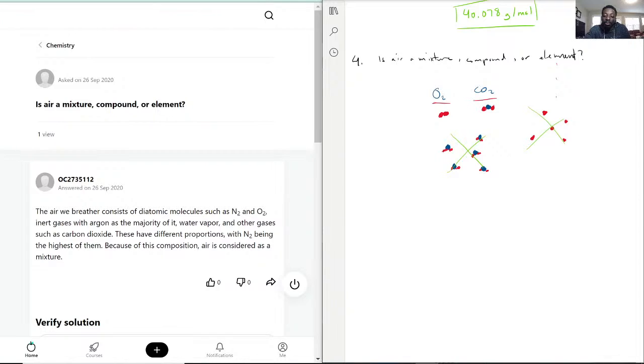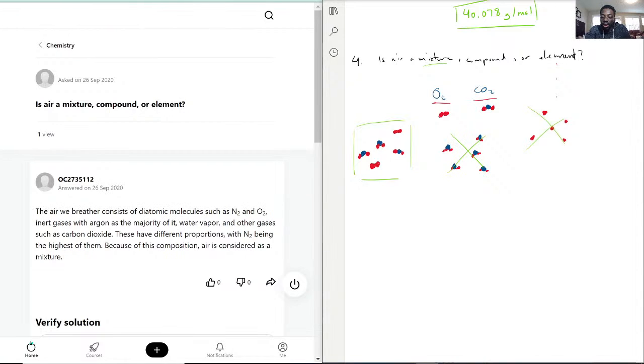Now, with mixture, you probably guessed it by now exactly. We have to remember that these aren't bonded to each other, but you have a mix. So, hence how that name is there. But you have a mix of different compounds, elements, or whatever really in the air. This is like a theoretical version of what a mixture would look like, where you have some of one thing, some of the other.